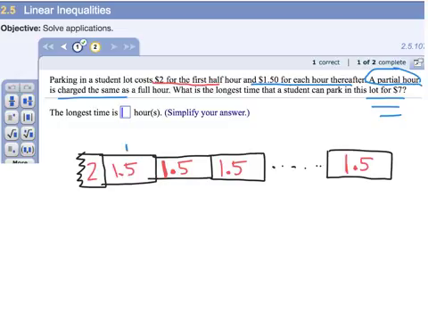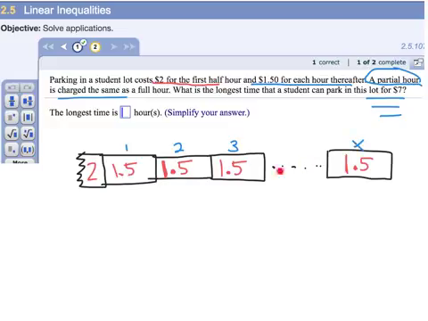So if this was 1 hour, 2 hours, 3 hours, and if we stayed for 3 hours, what would we do? Well, we would do $1.50 times 3 plus the extra $2. What if we stayed for 4 hours? Well, we would do $1.50 times 4 plus 2. But we don't know how many hours we're going to stay, so I'm going to call it x.